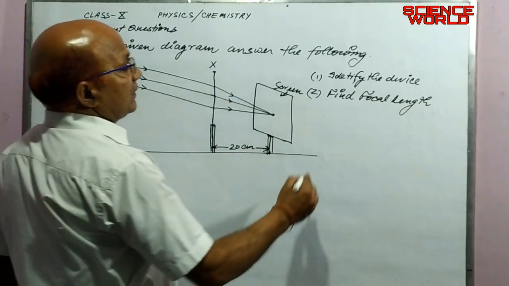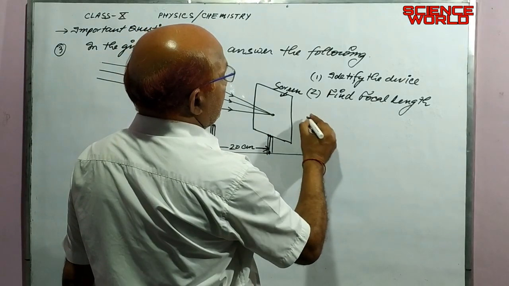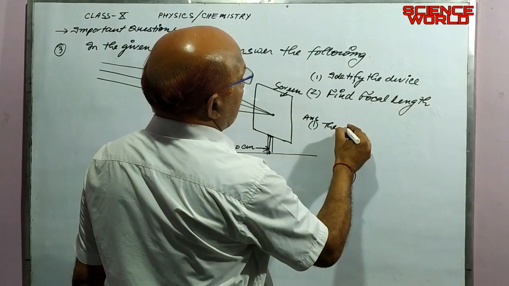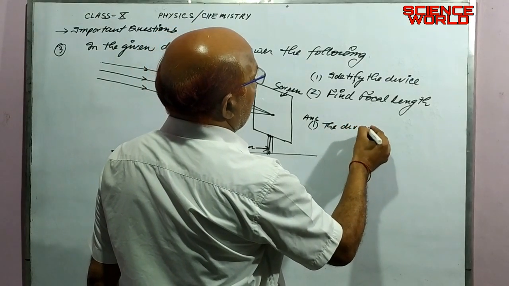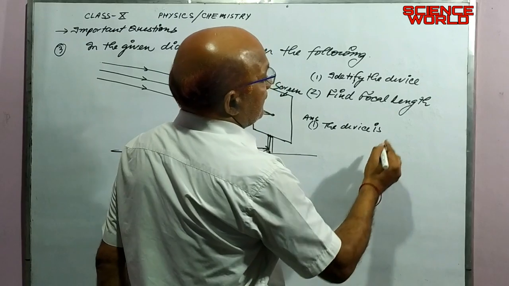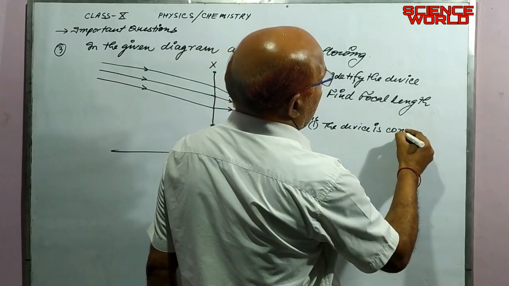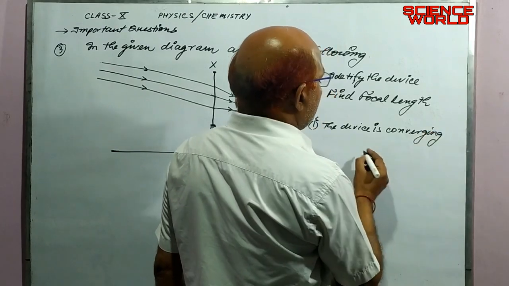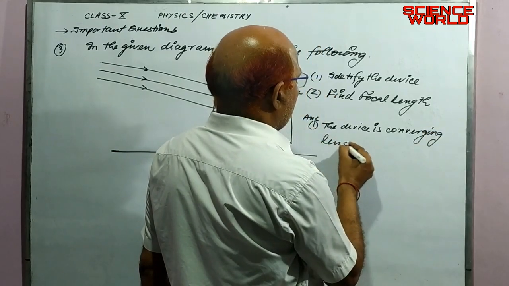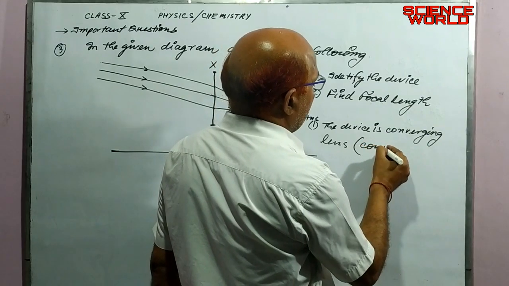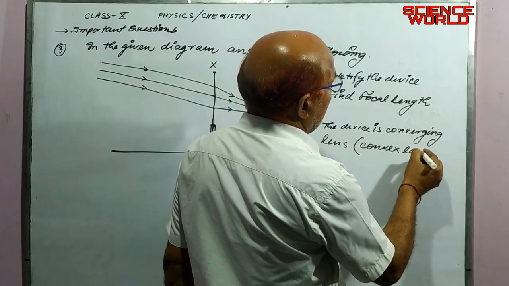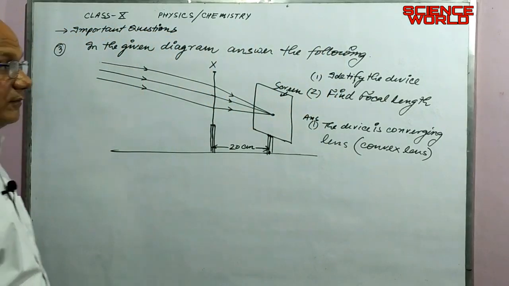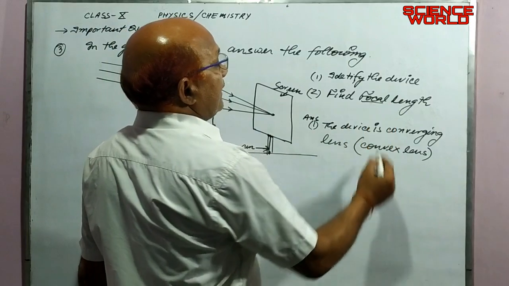So, the answer to number 1: the device is converging lens or convex lens.